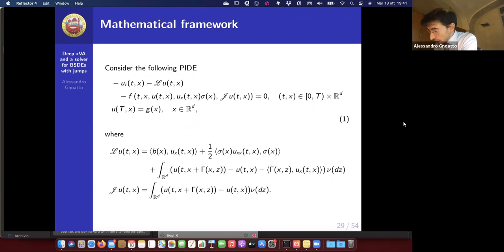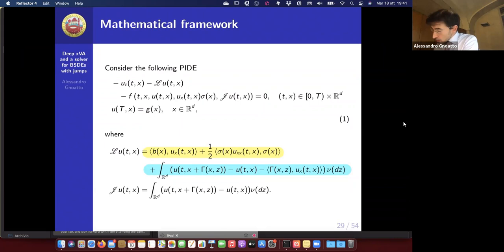So, in general, our solver will be treating a partial integral differential equation of this form. In the diffusive case, you have this term here. What you introduce when you have jumps is this second term here. This is why we call this equation a partial integral differential equation. This is the standard when you look at Levy processes, for example.